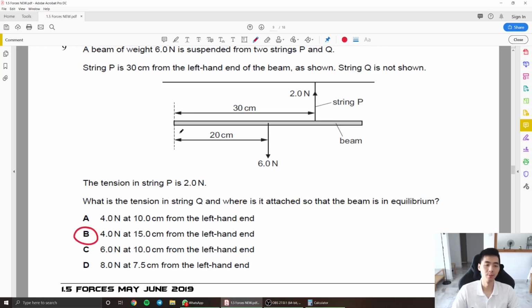In this case here, B is definitely going to be the answer, because if Q was 15 cm away, making this the pivoting point, here 5 multiplied by 6 would be a clockwise moment of 30 Newton cm, and here 15 multiplied by 2 would have been an anti-clockwise moment of 30 Newton cm as well. So answer can be no other than B.